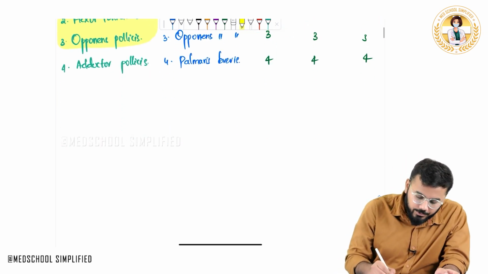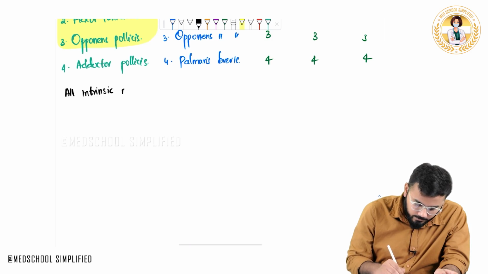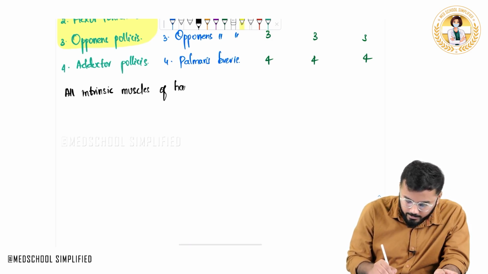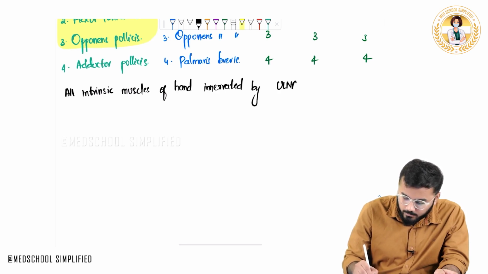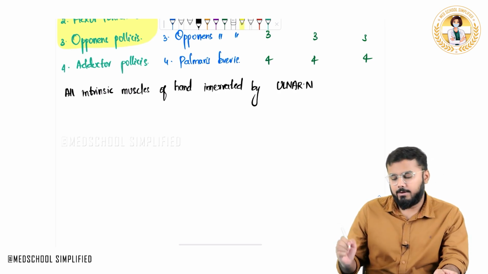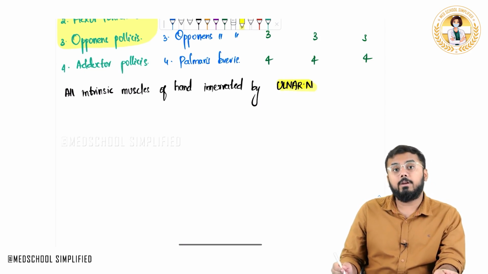So what I am going to write is that all intrinsic muscles of hand are innervated by ulnar nerve.